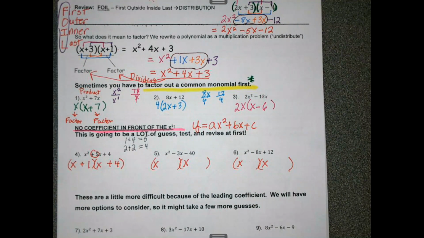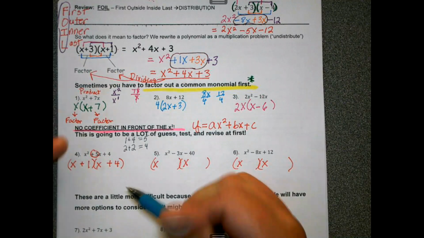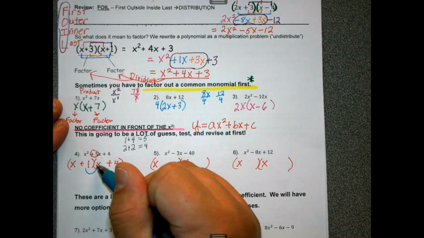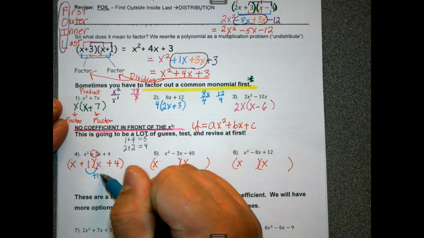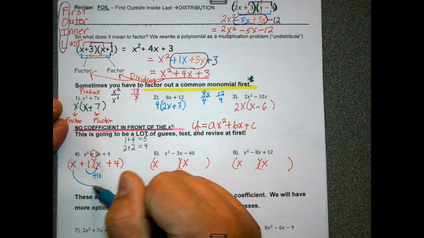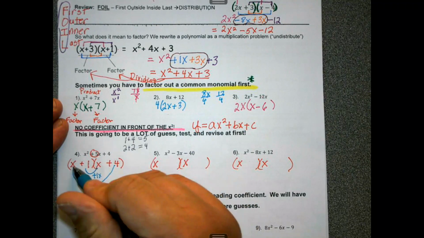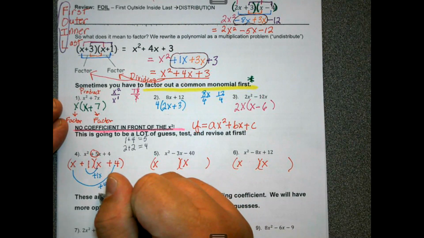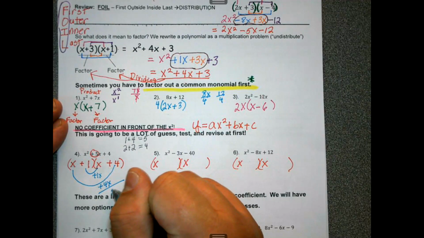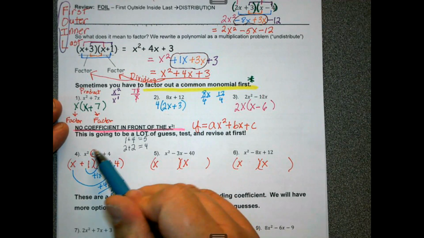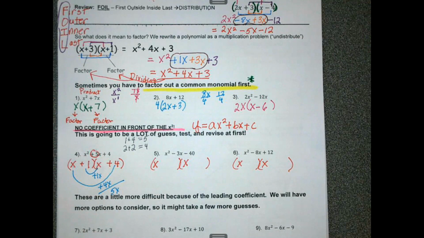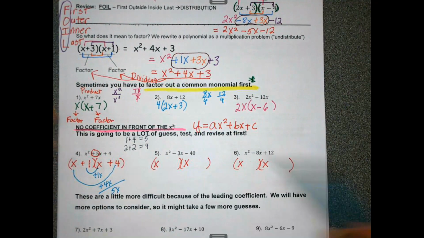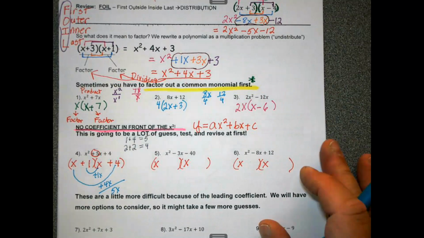Now you could always check yourselves by using that inner, 1 times x is positive 1x, and the outer, 1x times 4 is positive 4x. Combine those together, I get my 5x, which is my middle term. You can use these arches to help you out if you're questionable on your answer.